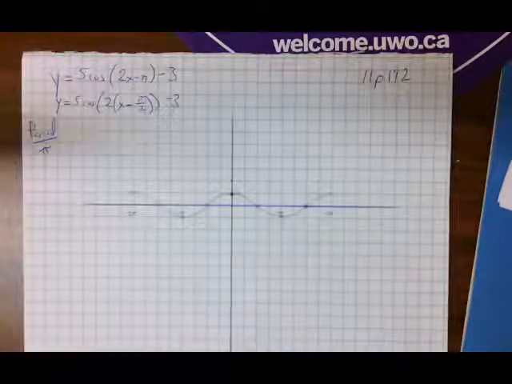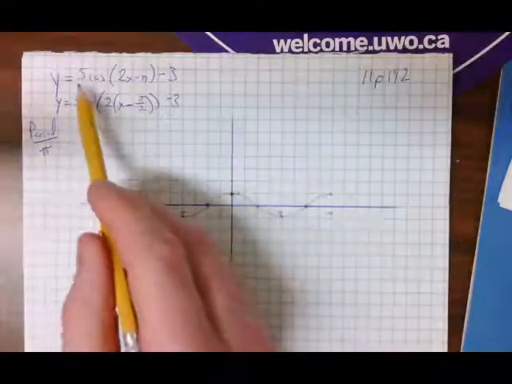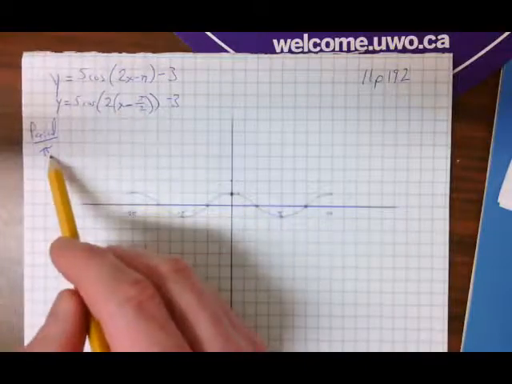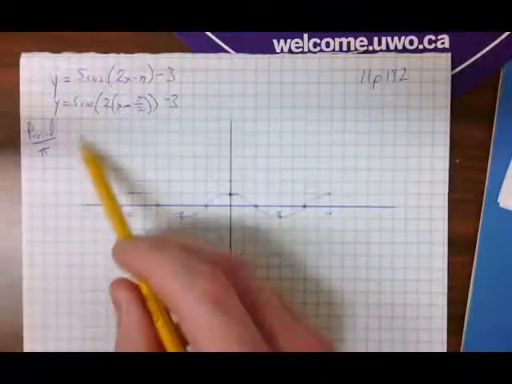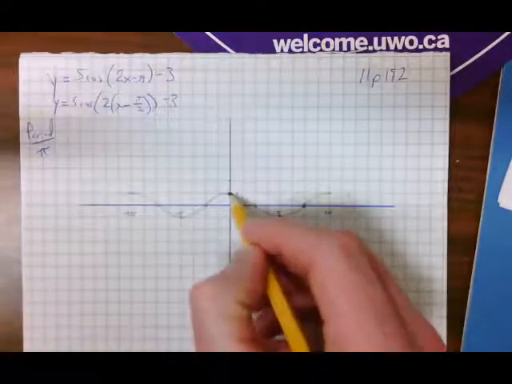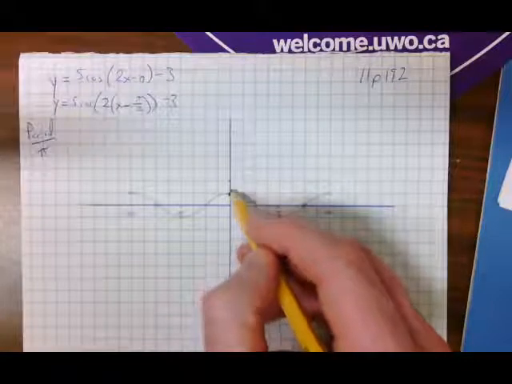Now the first things we should do are stretches and compressions, which is our A. B is responsible for the compression, but the period is what we're most interested in. First of all, it's going up by 5. So where it goes up by 1, now it goes up by 5, a factor of 5. We're multiplying by 5. So this is 1, 2, 3, 4, 5.